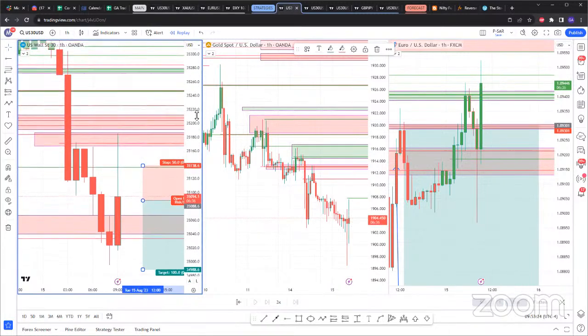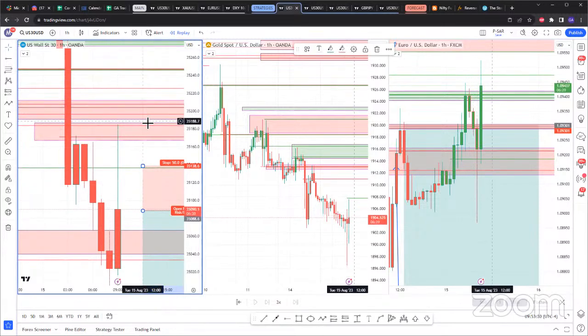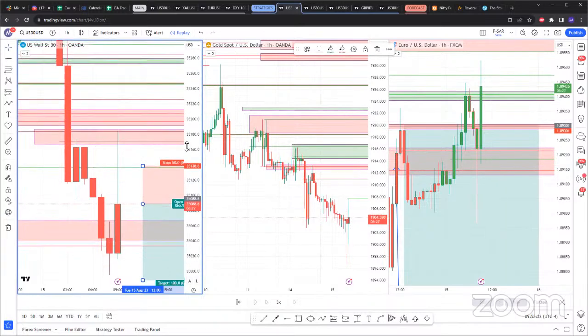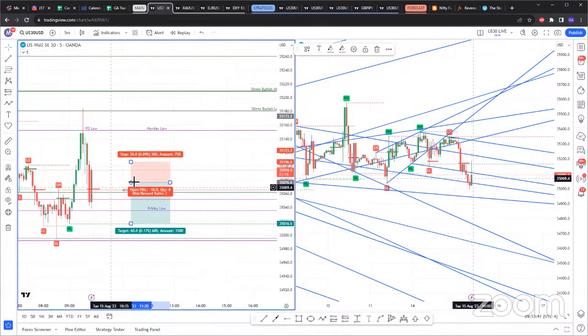Because keep in mind this level right here, and it has 1, 2, 3 on the hourly, has not been retested yet. So if you see US 30 going up, target that zone as a zone of entry. If you see US 30 going down from where it is right now, this is what you're targeting right here.